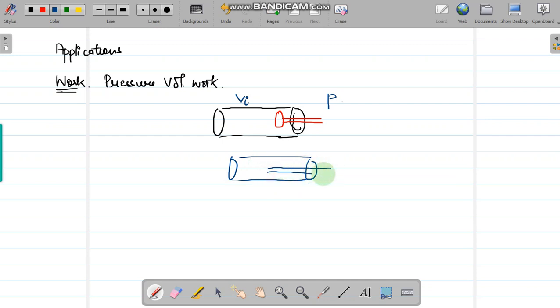When you apply an external pressure, say Px, what is going to happen? This external pressure is greater than P, the pressure over here. So the piston is going to move inward. Now look at the position of the piston over here and over here.